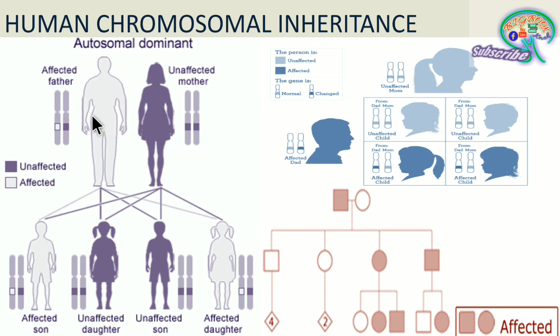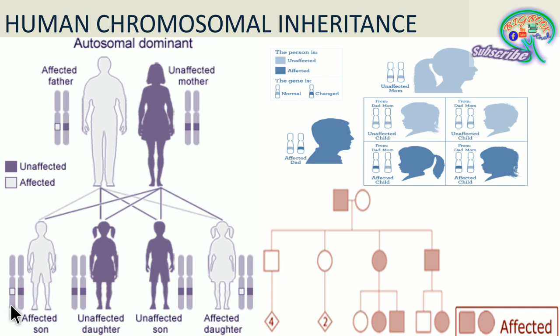They are going to pass their autosomal genes to their children. Here you can see the first is an affected son, second is a normal daughter, third is a normal or unaffected son, and fourth is an affected daughter.